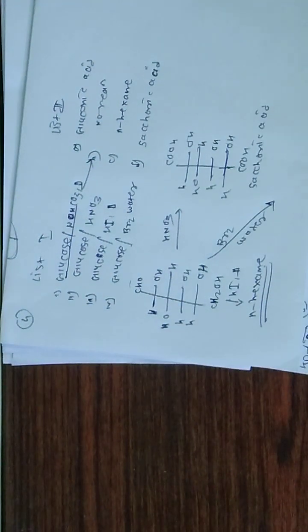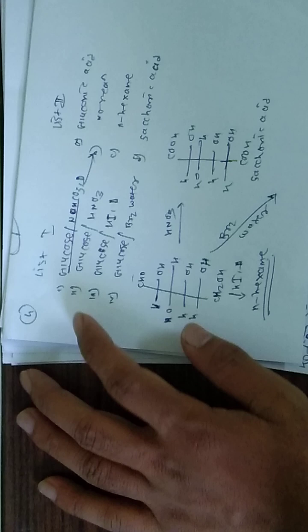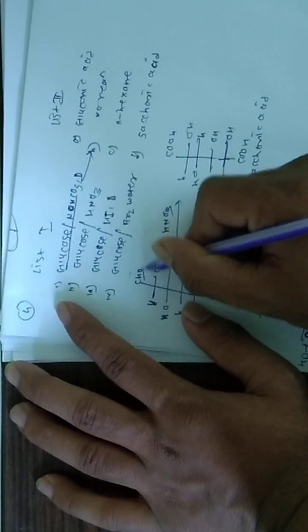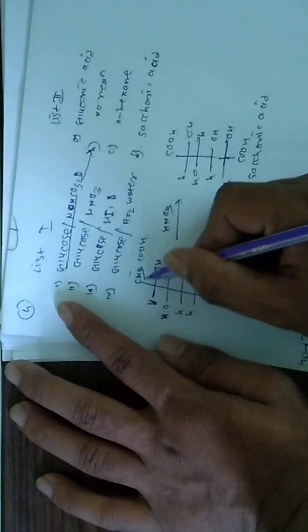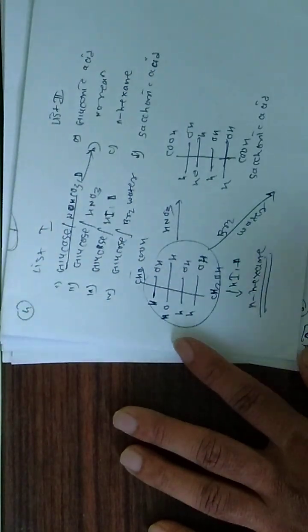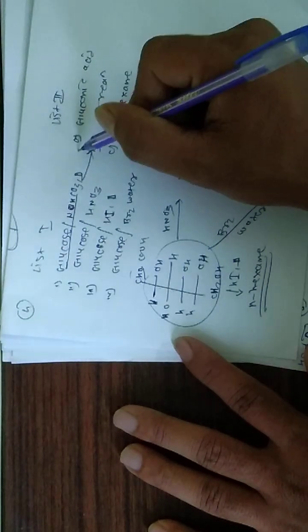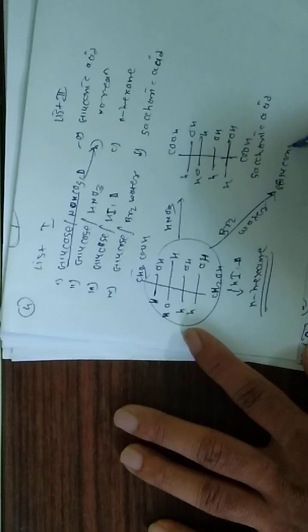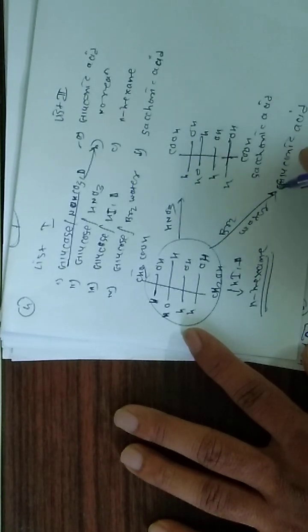It oxidizes only the CHO group, the aldehyde group, to carboxylic acid, not the CH2OH group. So this will be converted to a COOH group only. The rest of the structure is the same. So what is the name of that compound? Gluconic acid. So it gives gluconic acid.